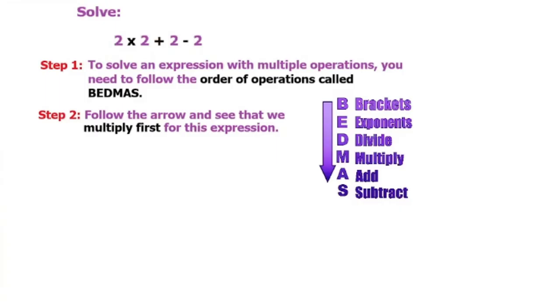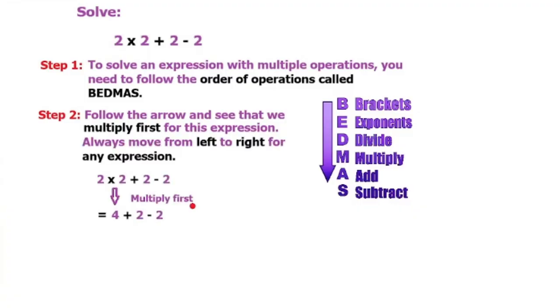And it's important to know that you always move from left to right for any expression. So we're going to multiply these two numbers together first. Multiply first. 2 times 2 is 4.